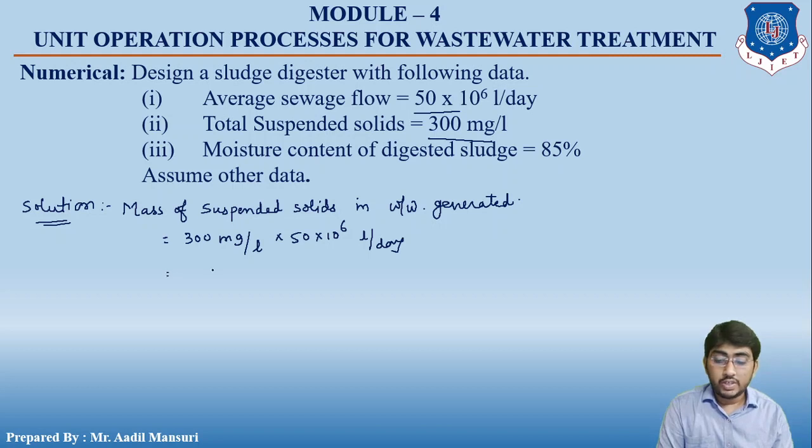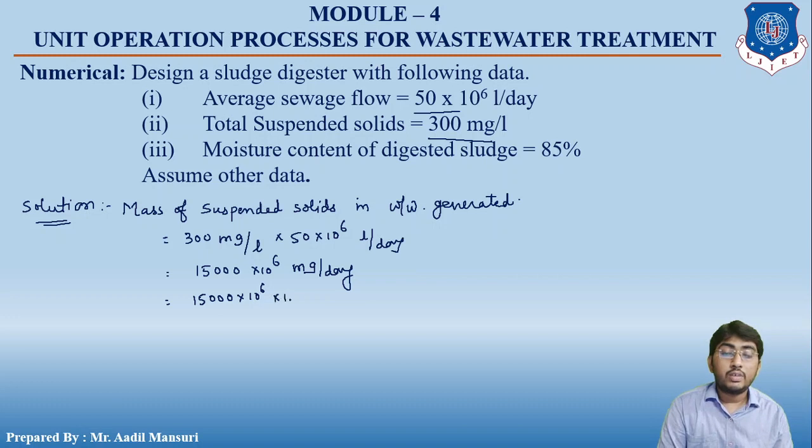So this will be equal to 15,000 into 10 to the power 6 milligram per day. So I will convert this milligram into kg. That will be equal to 15,000 into 10 to the power 6 into 10 to the power minus 6 kg per day, right?